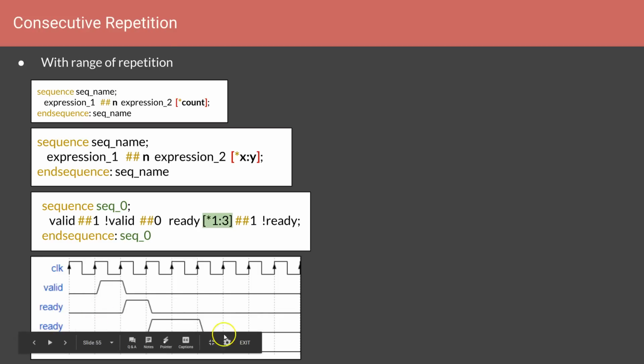Any of these 3 ready signals will satisfy this expression. After valid, ready could be high for at least 1 cycle, or it could be high for 2 cycles, or it could be consecutively high for 3 cycles as well. Any of these 3 valid ready combinations will satisfy the sequence specified here.